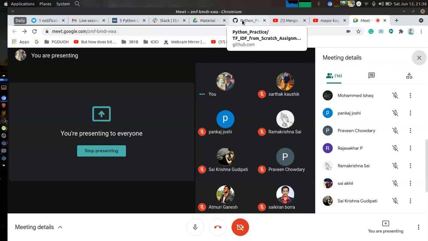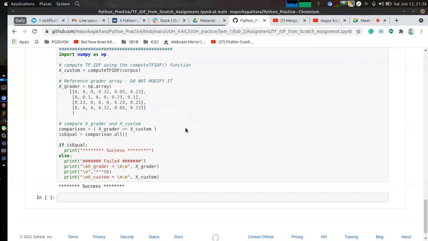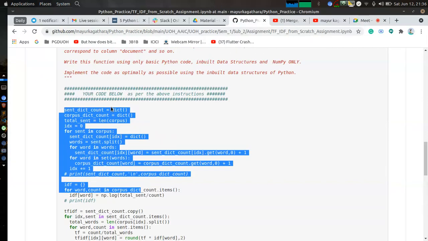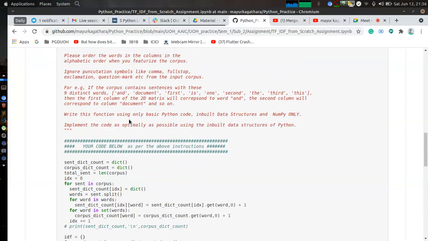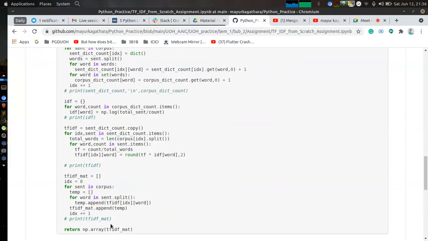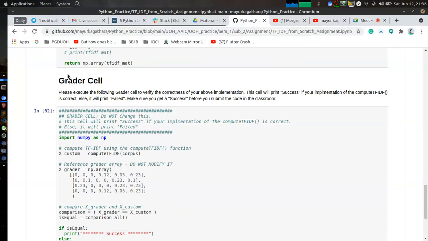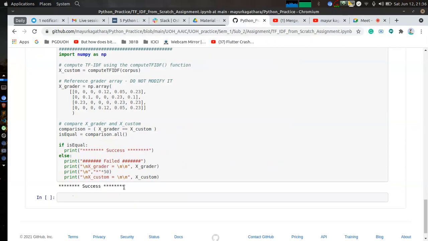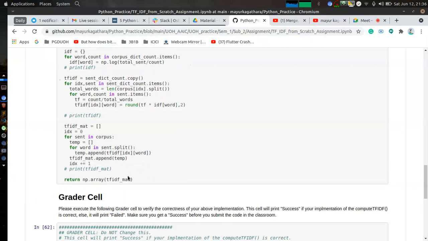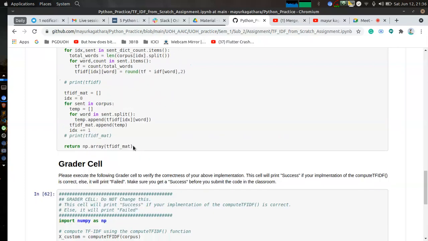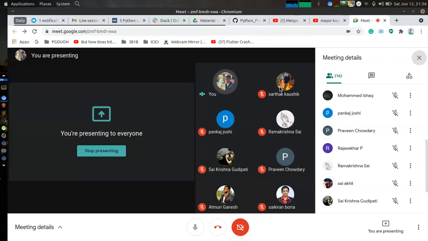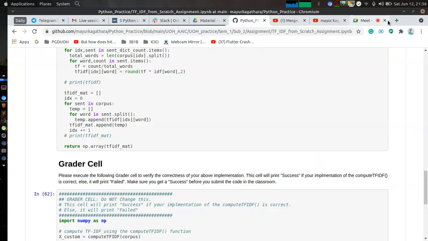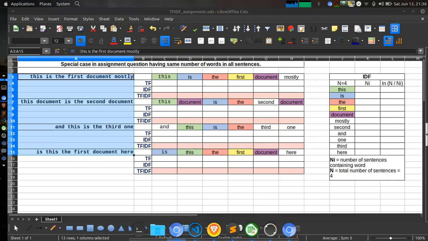Just write everything inside this function. Don't call the function here. The grader cell will call the function and show the message success if it matches this np array, and try to return an np array, not a simple array, otherwise it may give you an error.